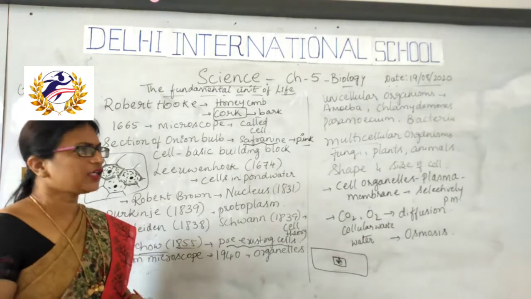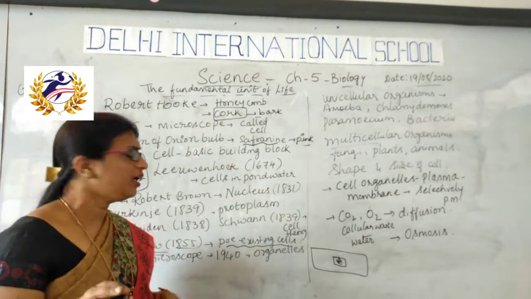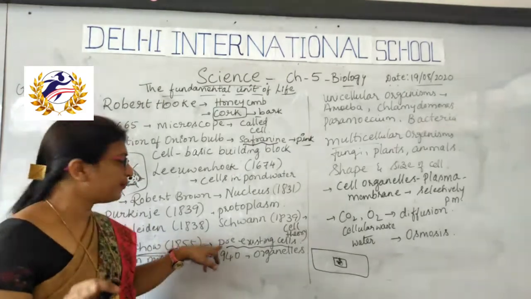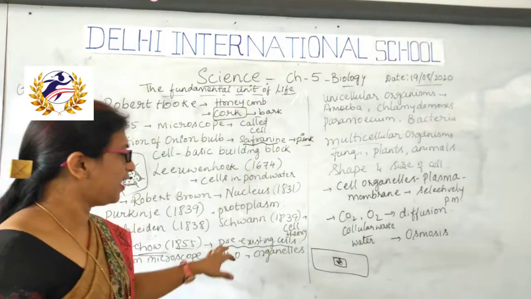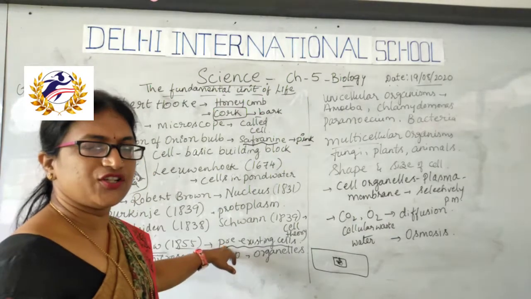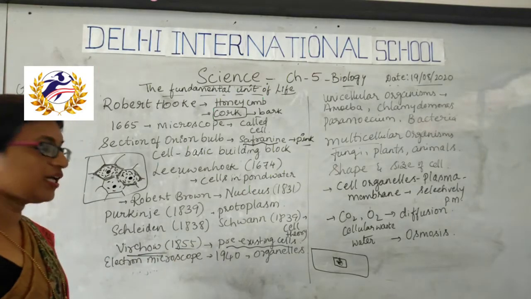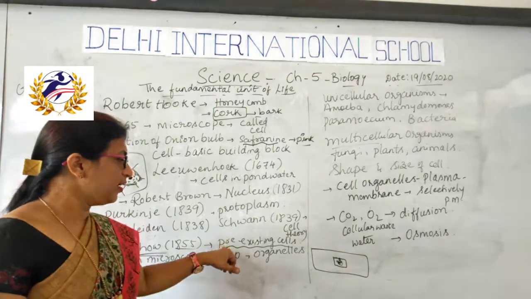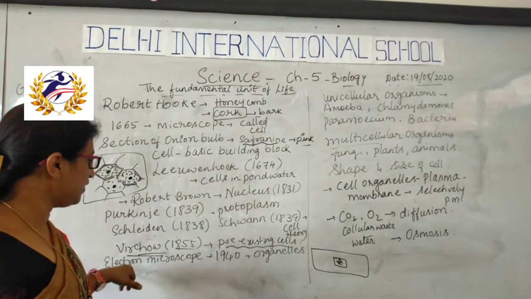Cells do not come like magic. They come from pre-existing cells, which are already present. So that is the definition added to the cell theory: cells are obtained from pre-existing cells.